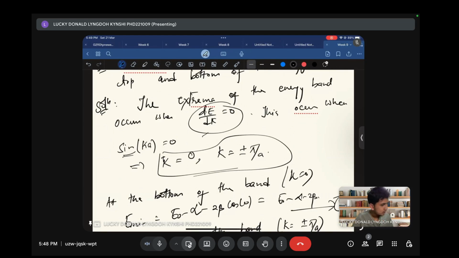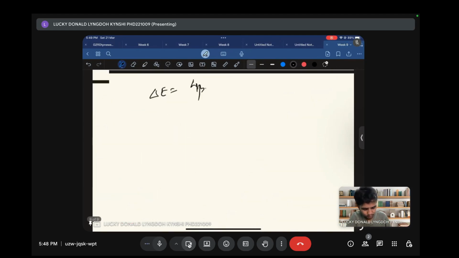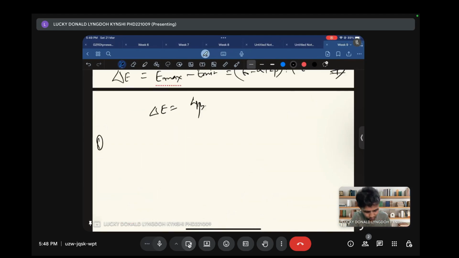The third question is: derive the effective mass of the electrons at both the top and bottom of the conduction band. So I will not write the questions, I will just write question number 3. So we have to derive the effective mass.